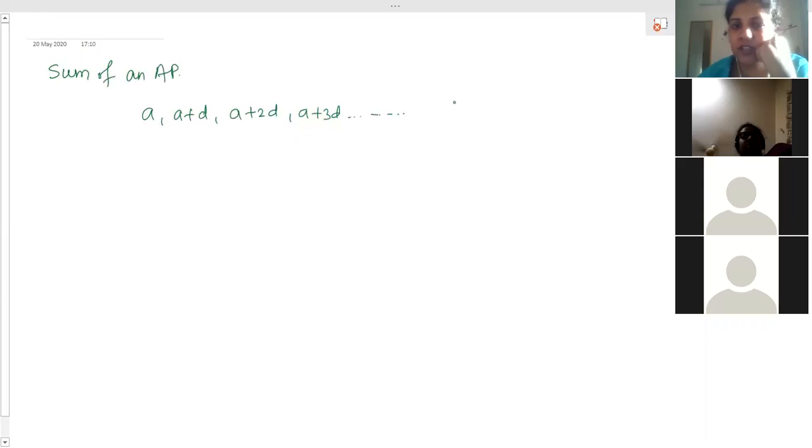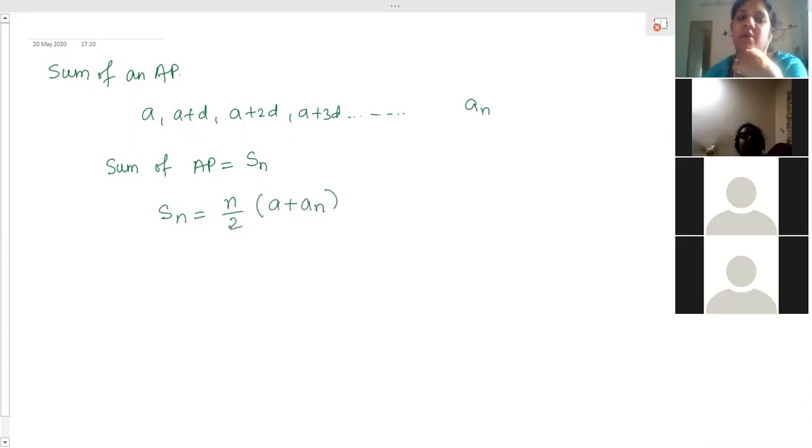You have to calculate the sum of all n terms, up to the nth term. Sum of an AP is represented by the symbol Sn, sum of n terms, and that Sn is equal to n by 2 into the sum of the first and last term, n by 2 into a plus an, where a is the first term and an is the last term.